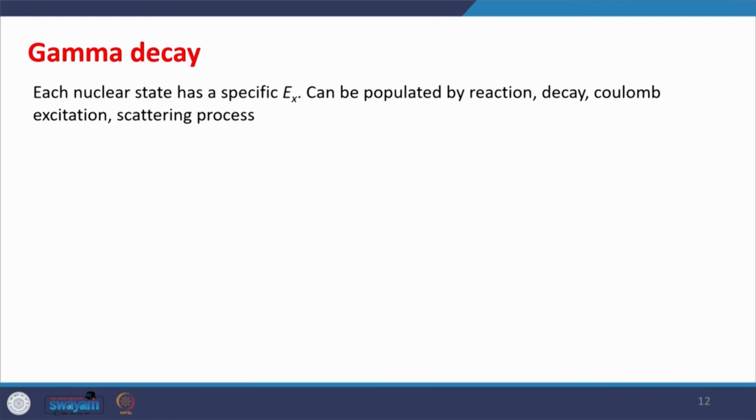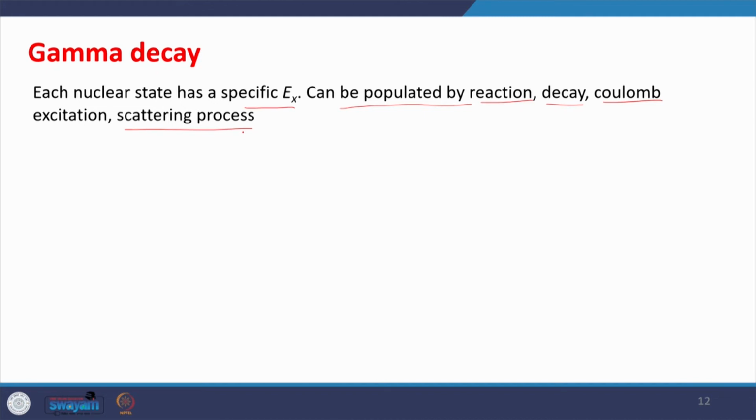nuclear astrophysics. Okay? Now, in the gamma decay, we know that each nuclear state has a specific excitation energy, and it is possible to populate the energy levels by, say, a reaction like capture or decay or Coulomb excitation or scattering process.